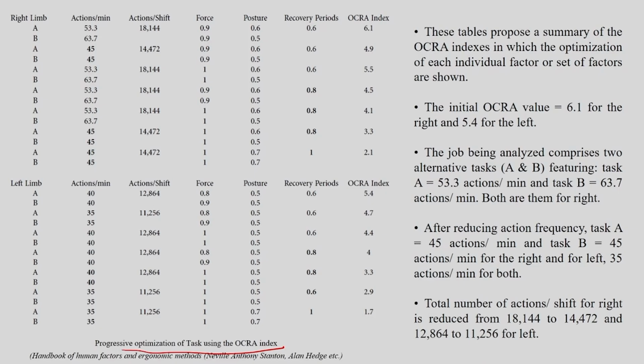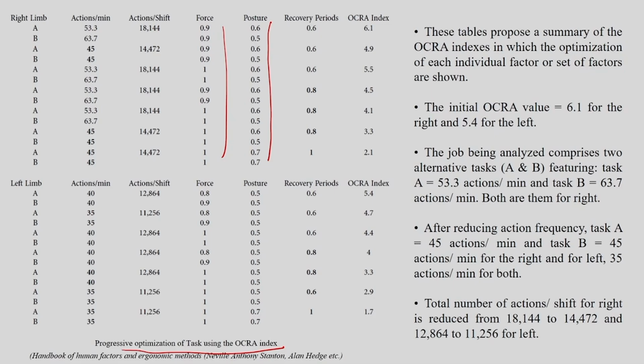So, these tables propose a summary of OCRA indices, in which the optimization of each individual factor or set of factors is shown, so that you can see how posture, how force, and all these things are improving. The initial OCRA value was 6.1 for the right hand and 5.4 for the left hand, and the job being analyzed comprises two alternative tasks, A and B, featuring task A equal to 53.3 actions per minute and B 63.7 actions per minute.